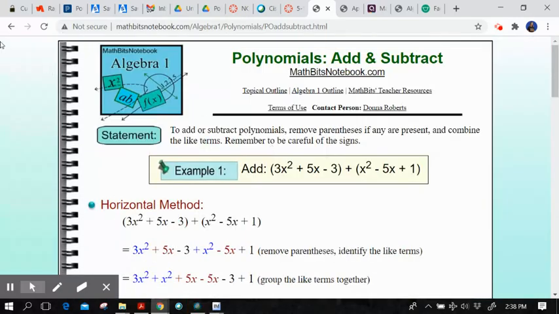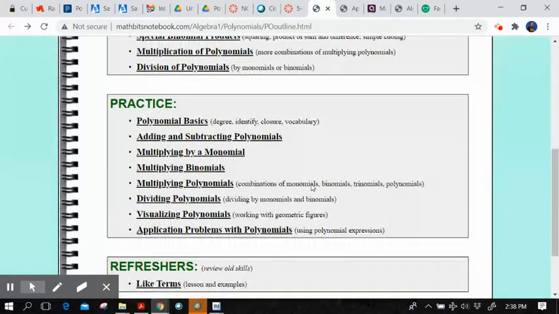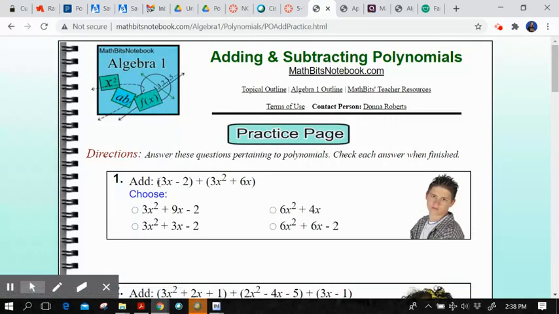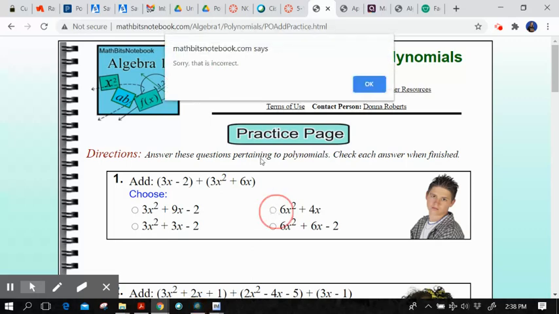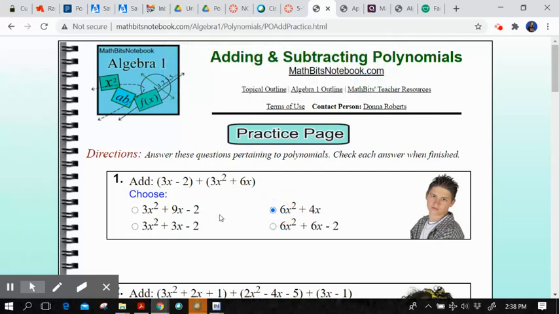So these are all really great ways to review. And if you feel like you need extra practice, check this out. Adding and subtracting polynomials. Come down here, grab a sheet of scratch paper, work out this problem, and once you think you have an answer, select it, and it's going to tell you immediately if that answer is right or wrong. Okay, so you can get that immediate feedback without it affecting your grade. I really hope that this helps, guys.